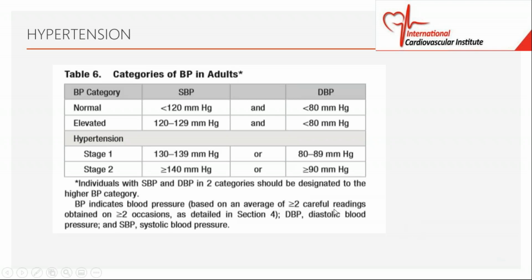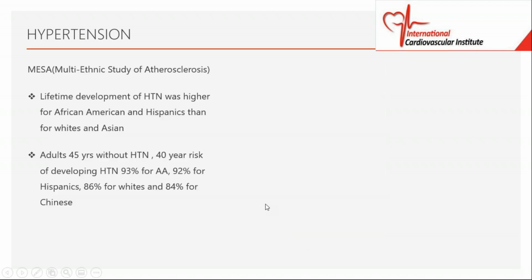They recommend that you need 2 or more readings, yes, but on 2 or more occasions, so not at the same time. Okay. So those are the current breakdown. So there's an elevated blood pressure category, and then you have the stages of hypertension.